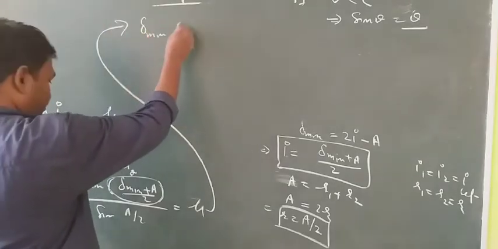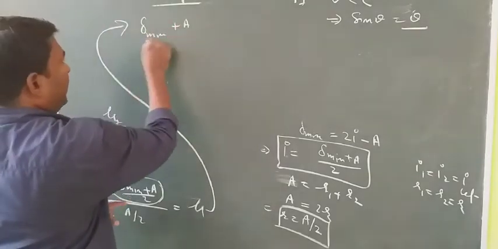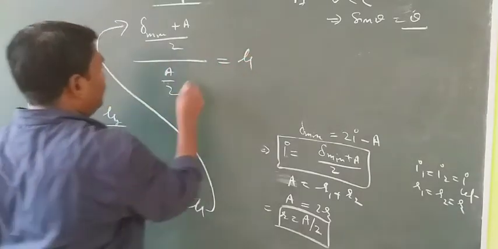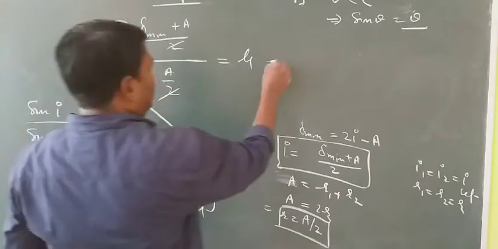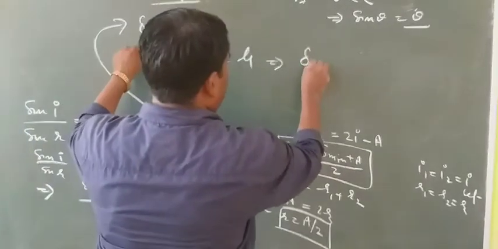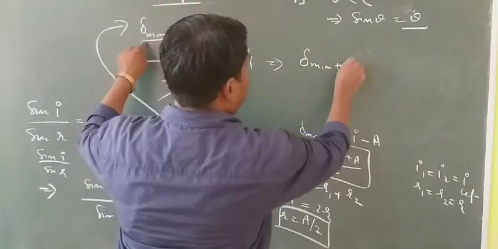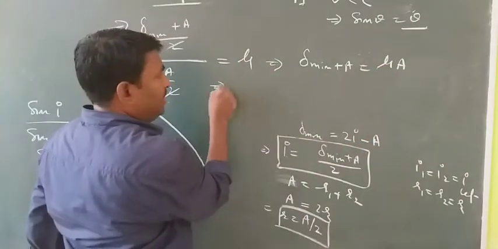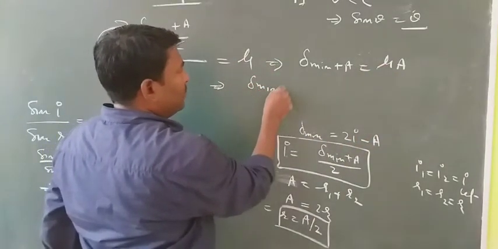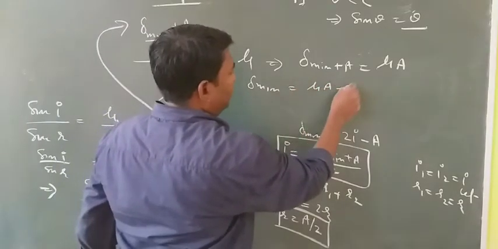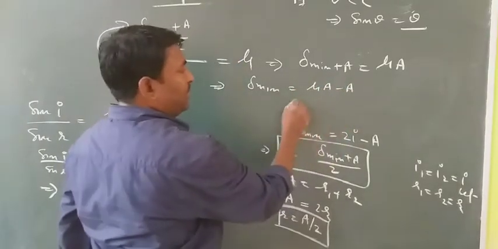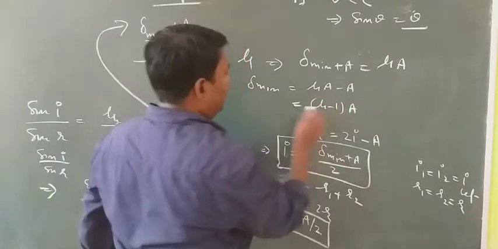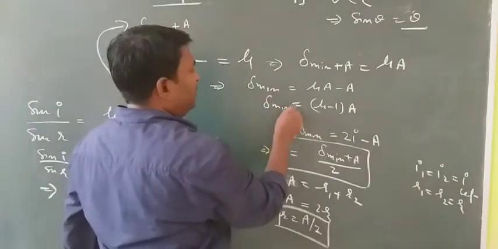Delta minimum plus A by 2 total upon A by 2 should be equal to mu. The 2 cancels out. This implies that delta minimum plus A is equal to mu into A. It implies that delta minimum is equal to mu A minus A, and now if you take A common, so mu minus 1 into A. This is your minimum deviation.